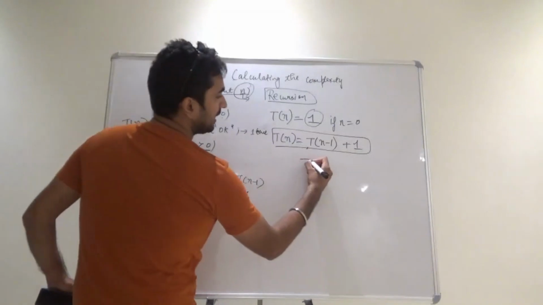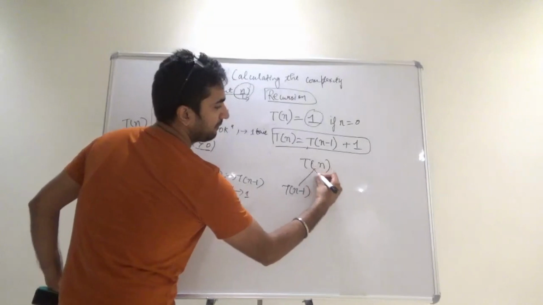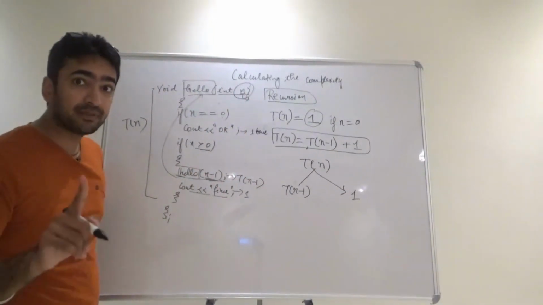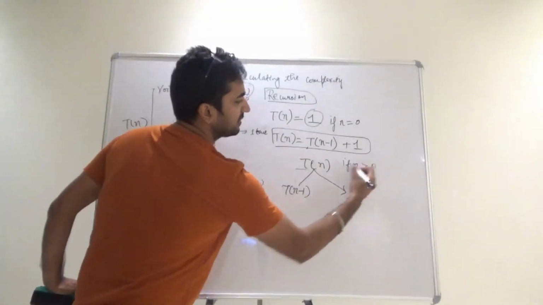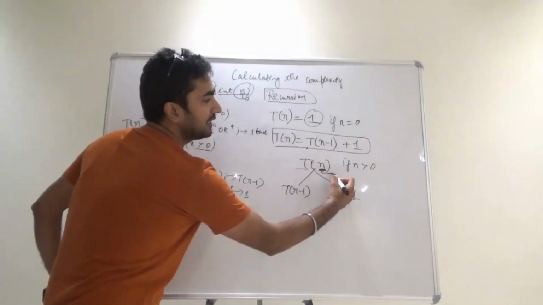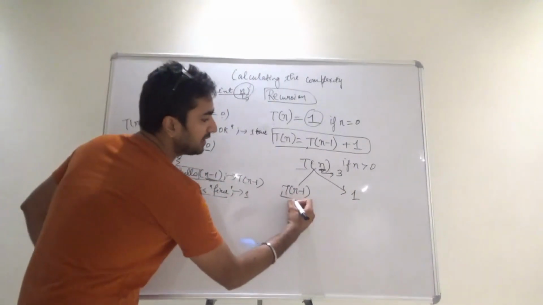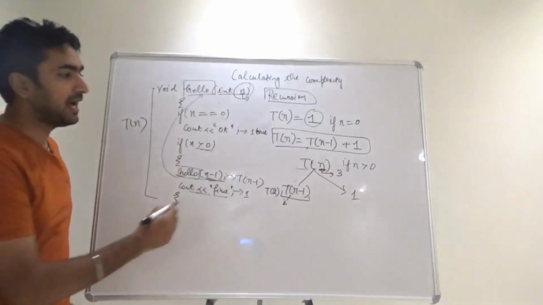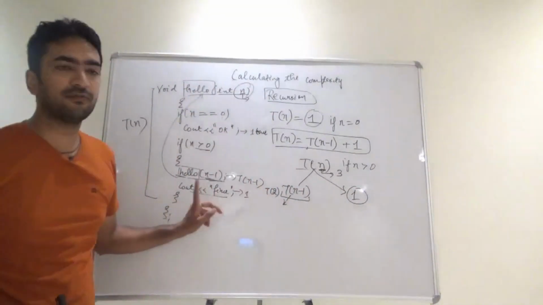So if T of n is running for T of n minus 1 as well as 1, and n is greater than 0, let's suppose my n value is 3, then this will get called T of 2 times. And how many times is the printing done? The printing of fine is done one time.